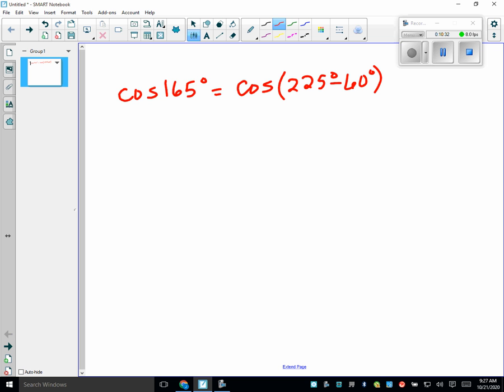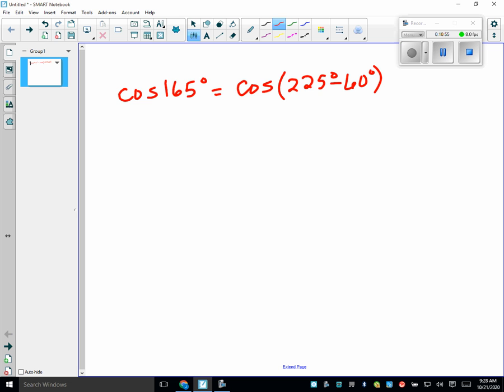So now, since I'm finding cosine, I go back to my formula. This is a minus, so I use cosine x minus y. What is x? 225. What is y? 60. Not negative 60, just 60.